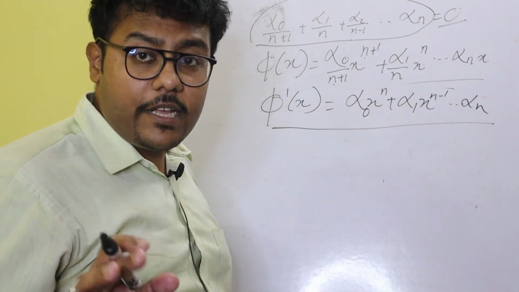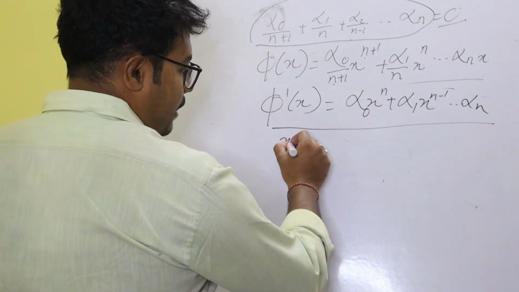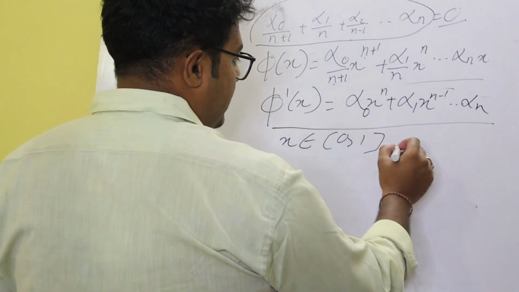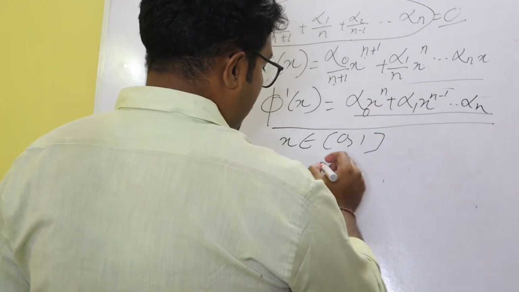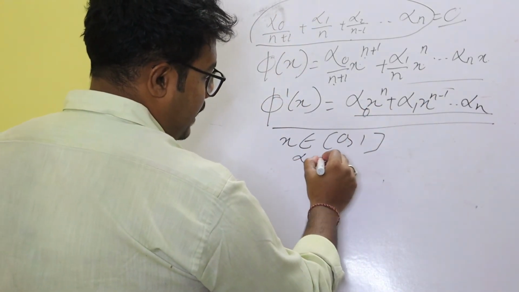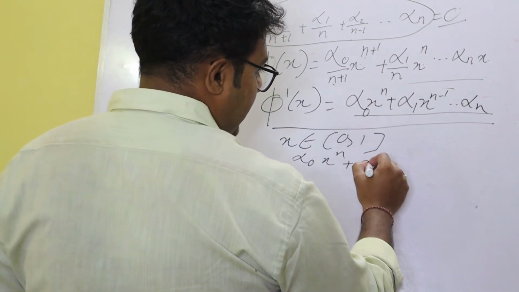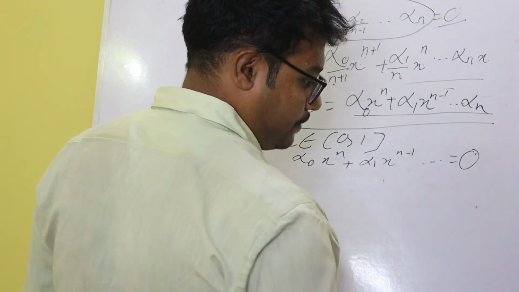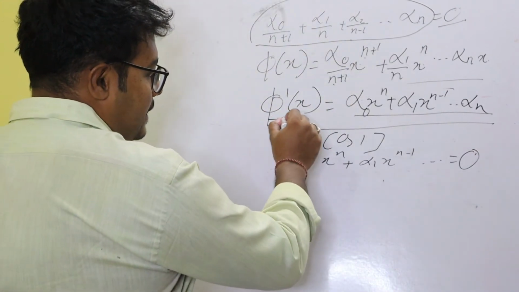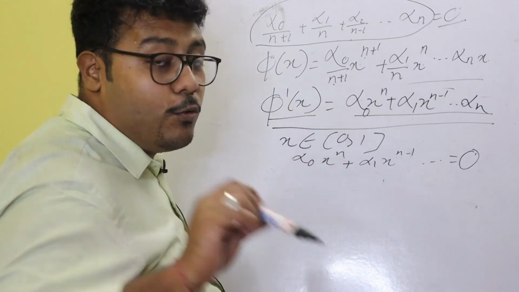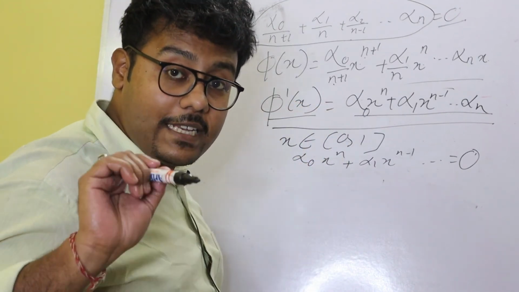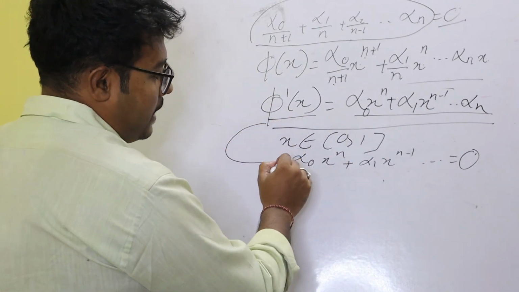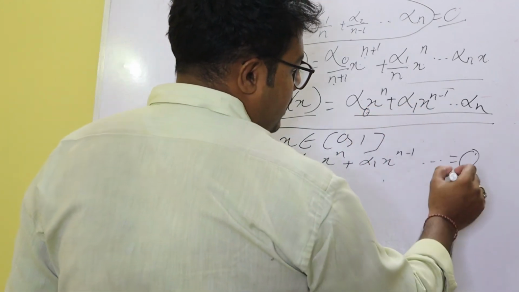Now according to Rolle's theorem, there will be a value of x within 0 and 1 such that this expression, lambda 0 x to the power n plus lambda 1 x to the power n minus 1 and so on, will be equal to 0. So this is the function, and this function will satisfy Rolle's theorem, right? And thus from this part we can conclude this part, that this thing is equal to 0.